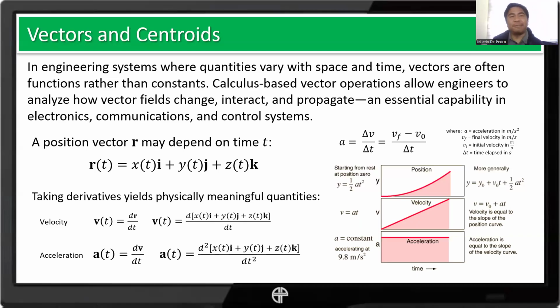When we take derivatives of r, the position vector, we yield physically meaningful quantities like the velocity. You take the derivative of r, you get the velocity. In the same way, if we take the derivative of the velocity, we get the acceleration, or we can derive it using this one.